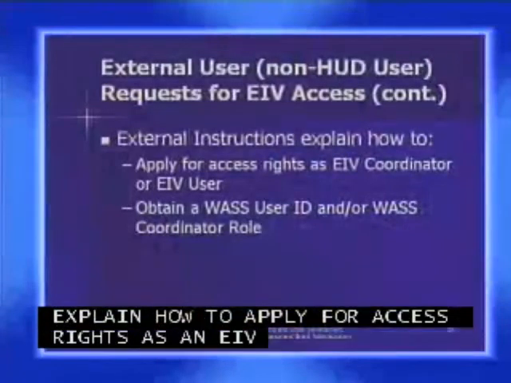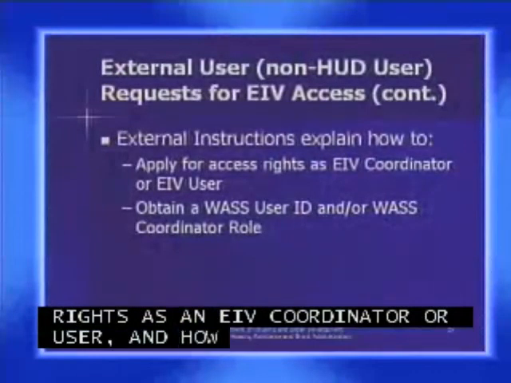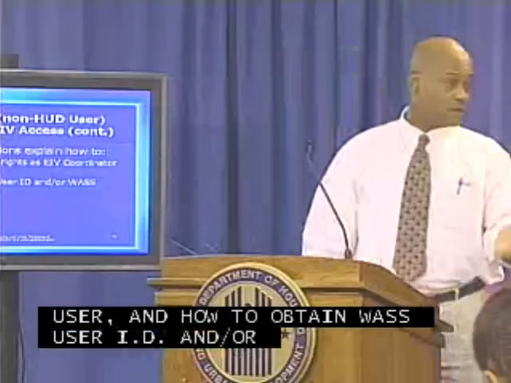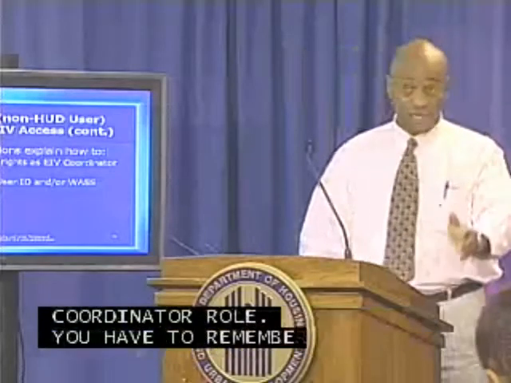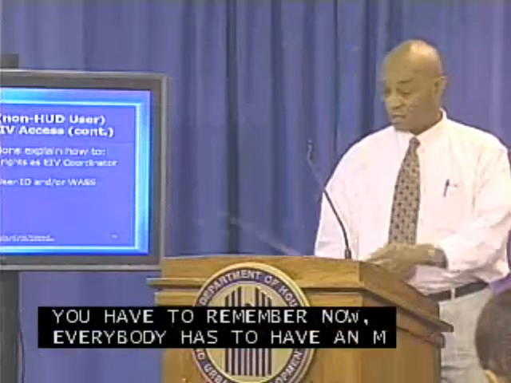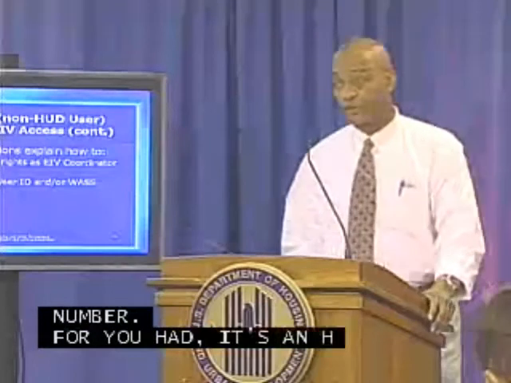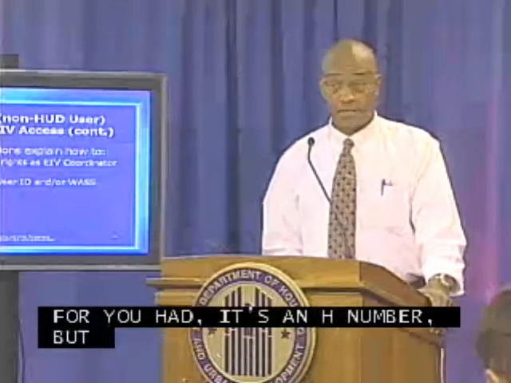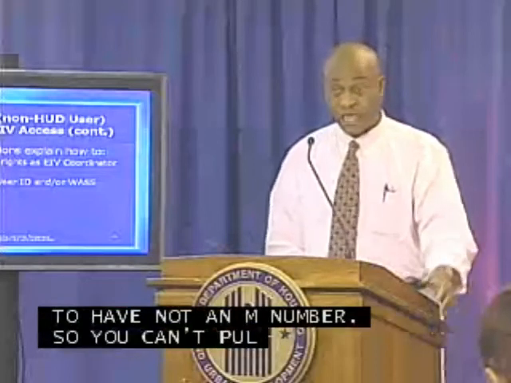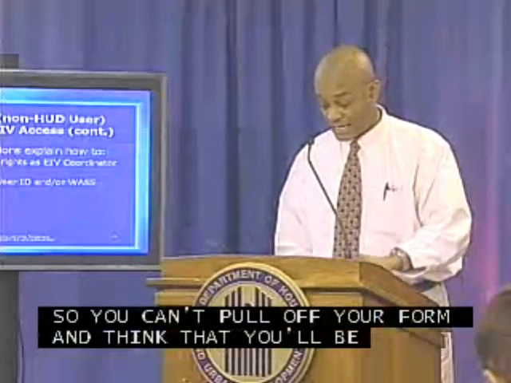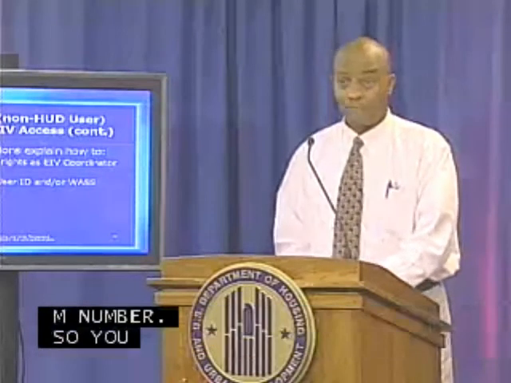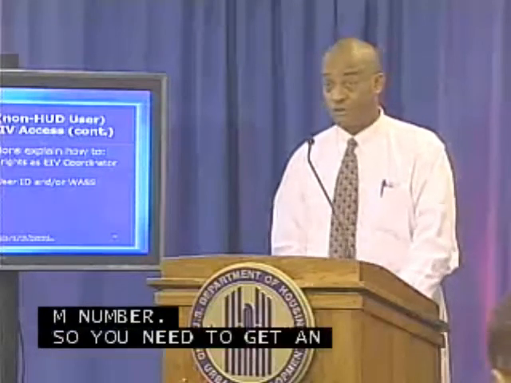The external instructions will explain how to apply for access rights as an EIV coordinator or user, and how to obtain a WASS user ID and/or WASS coordinator role. You've got to remember, everybody has to have an M number. Unless you're a HUD employee, it's an H number. But for everybody else, you need to have an M number. So you can't fill out your coordinator access form or your user access form and think that you'll be able to get EIV access without having an M number.